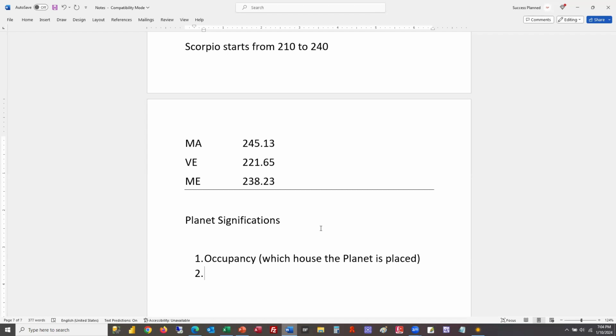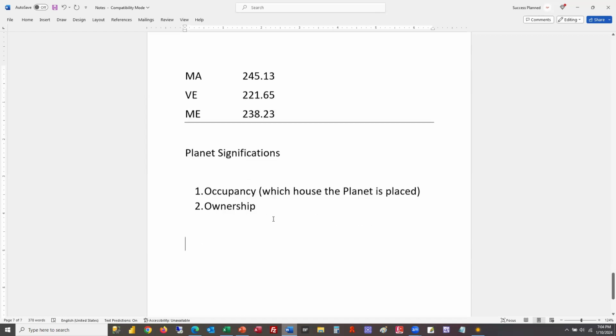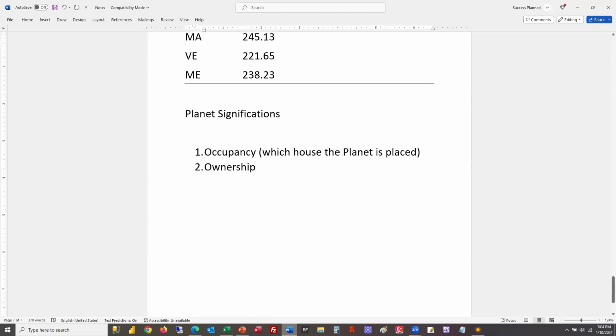Then comes the ownership. So ownership simply means signs which are owned by the planet, right? This is what it means.